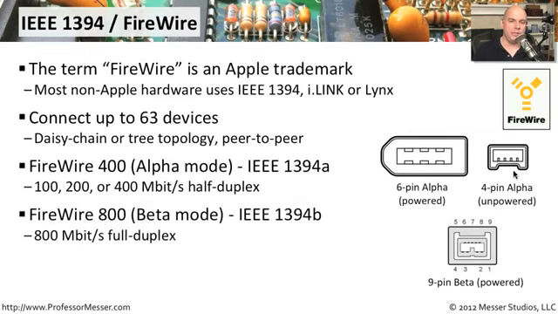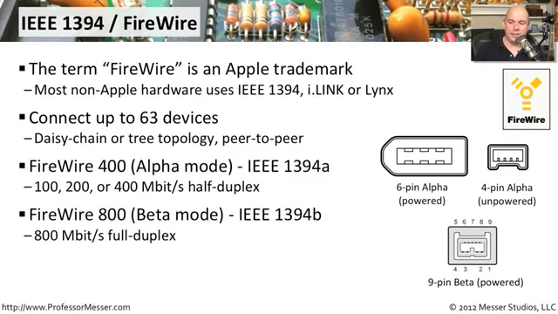The next generation of FireWire was FireWire 800. This is what we now call beta mode FireWire. We call that IEEE 1394B. It ran at speeds up to 800 megabits full duplex. So we got increased performance by adding full duplex capability and effectively doubling the speed.